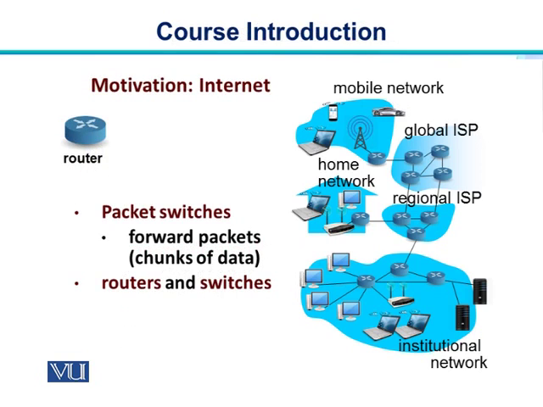Then this icon is used to represent the router. A router is a device which allows us to switch and forward the packets, and in this diagram we have also shown some routers, switches, and other things. So this is the internet which we use in our daily lives every day.